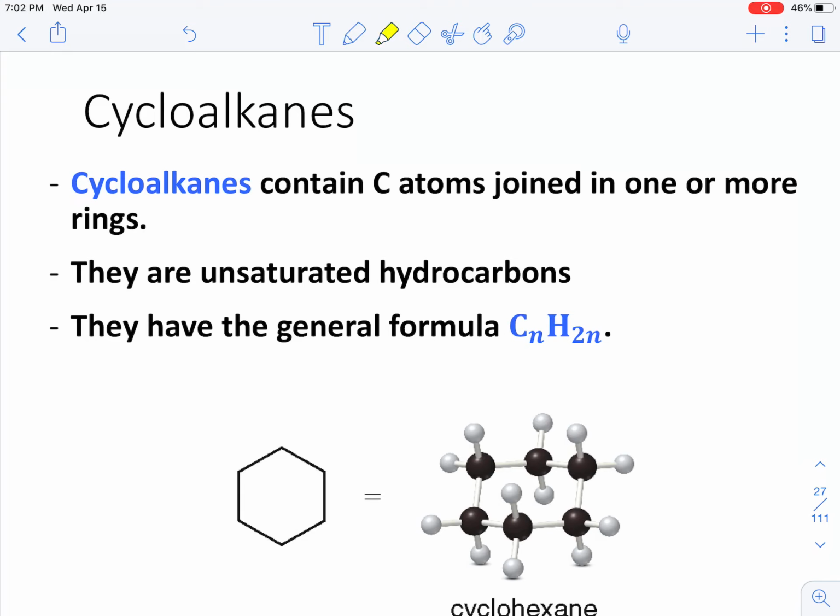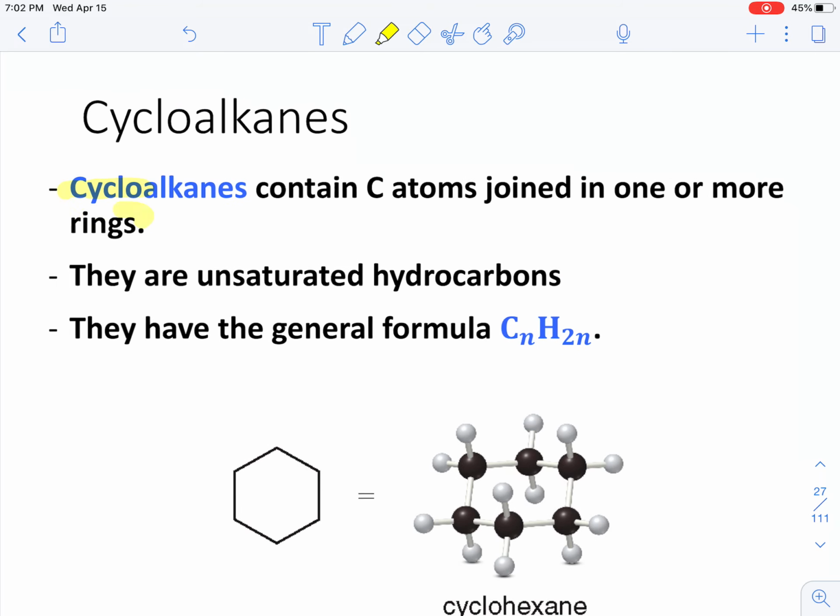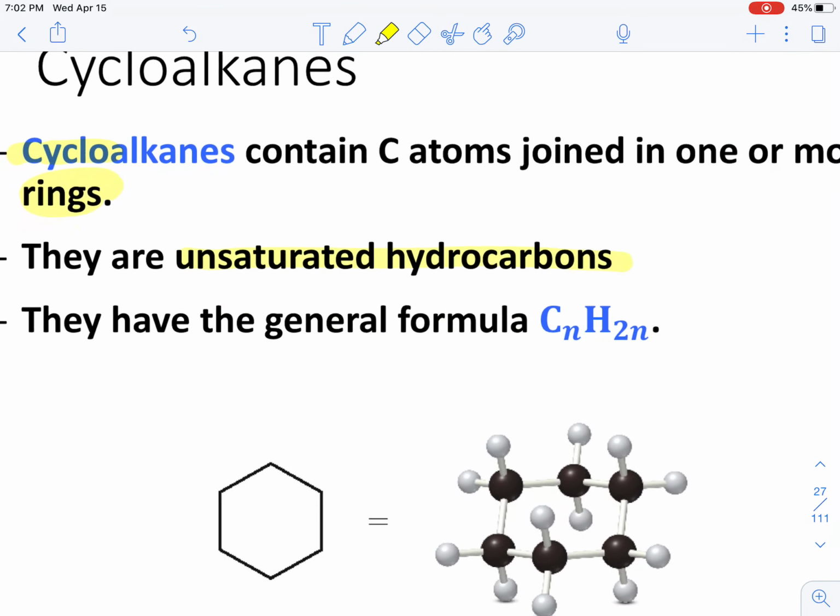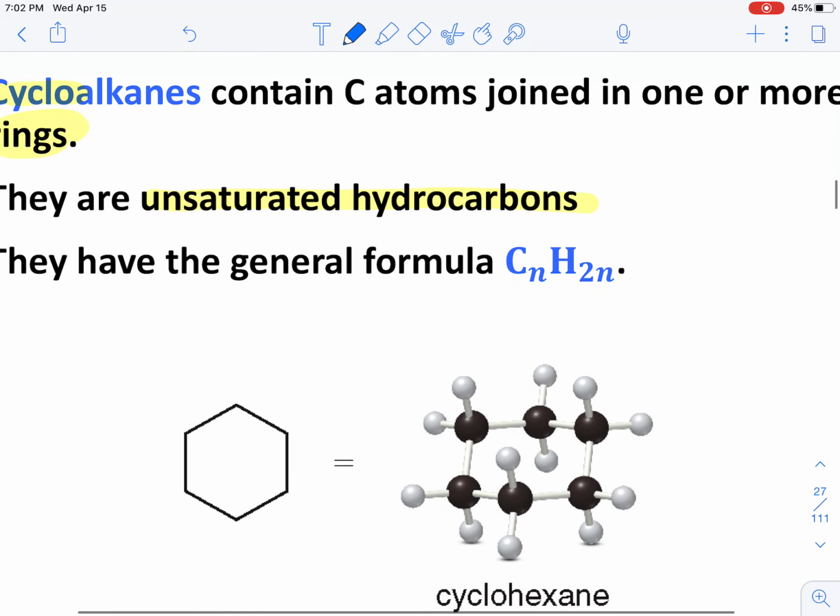And so cycloalkanes are alkanes that form a ring. And the one thing that you should know, another stark difference between cycloalkanes and alkanes is that they are unsaturated.